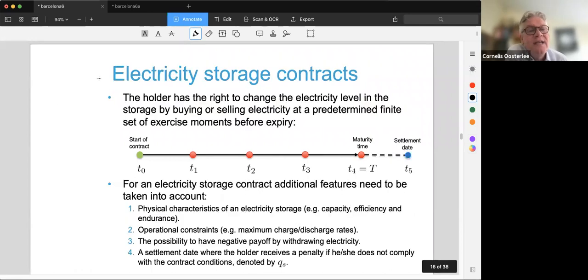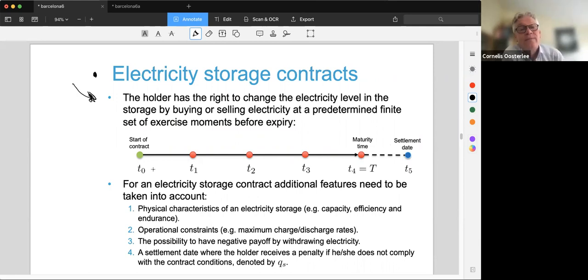Now let's look at these electricity storage contracts. For example, the holder, in one of these contracts, you have the right as a utility to either store electricity or to release electricity from a storage facility.